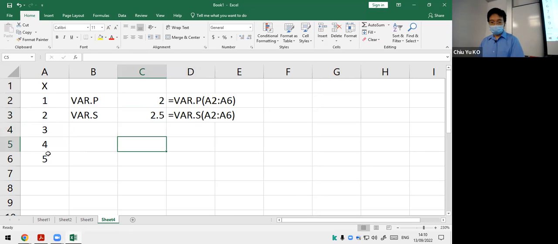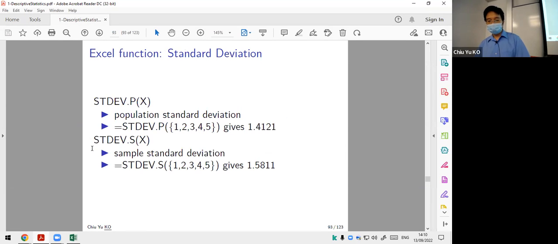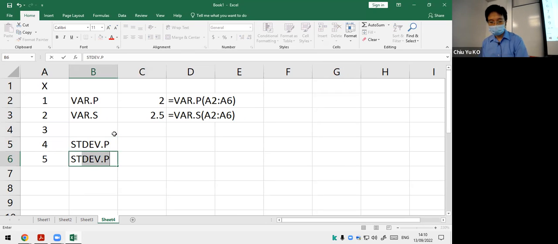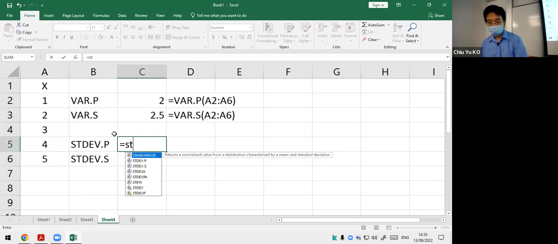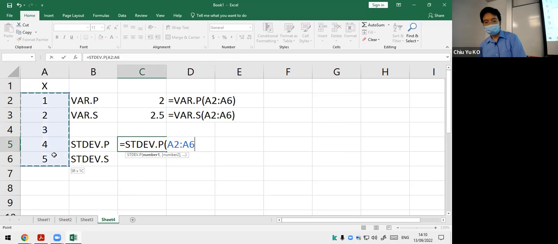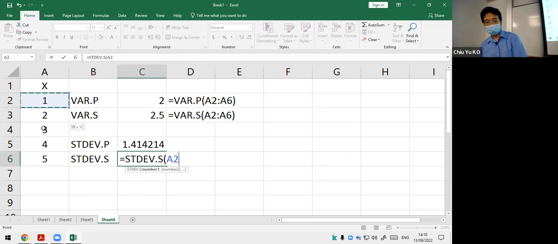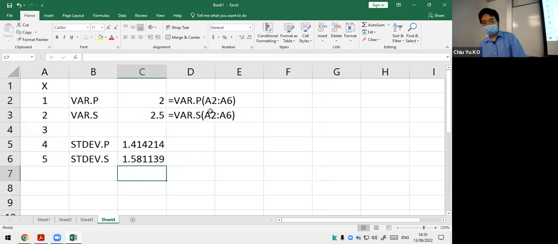Then again, you have the standard deviation. It's called STDEV, same thing. So STDEV.P for population and STDEV.S for sample. It's the square root of what we have. So STDEV.P is here, and STDEV.S is here.